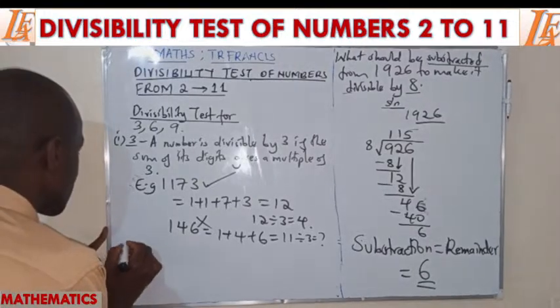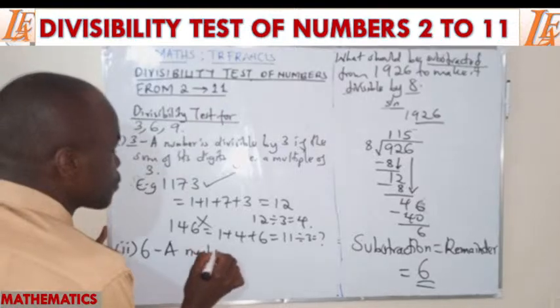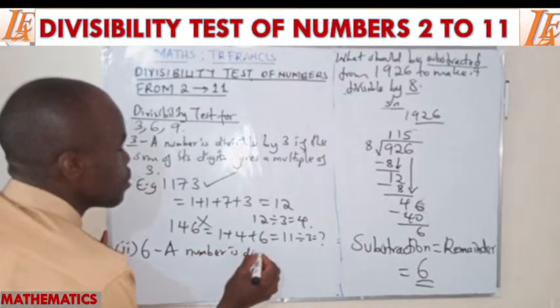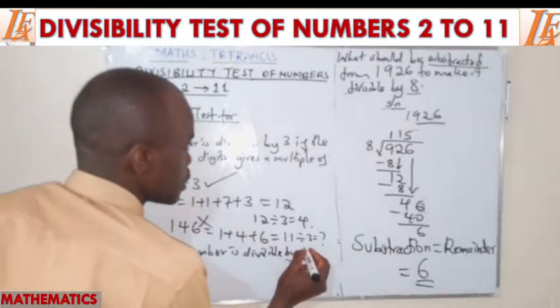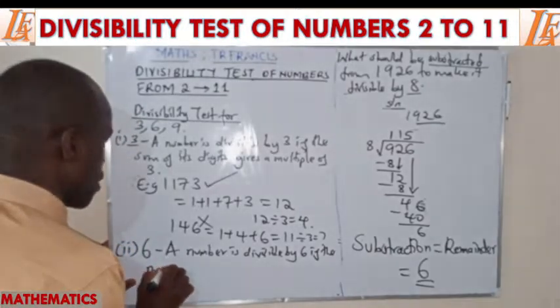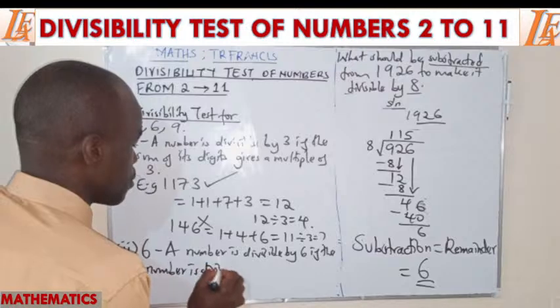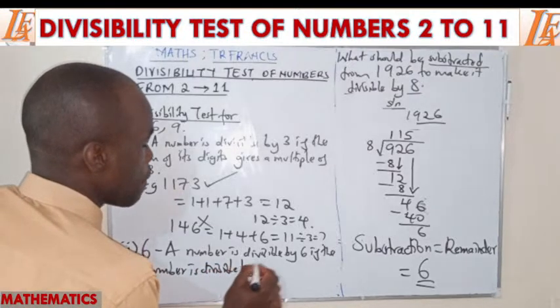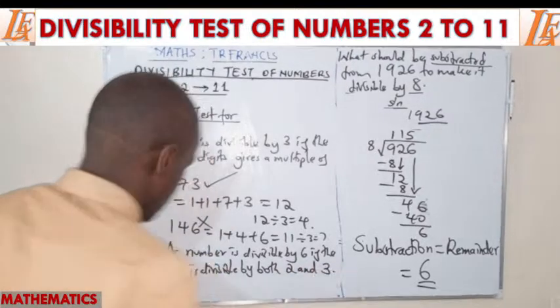Then for 6, a number is divisible by 6 if the number is divisible by both 2 and 3.